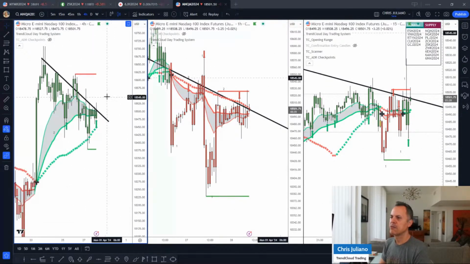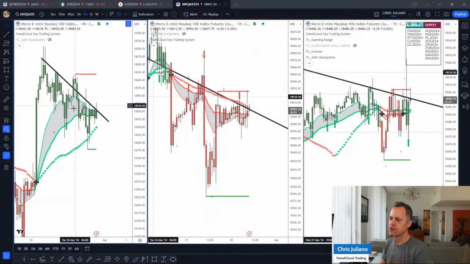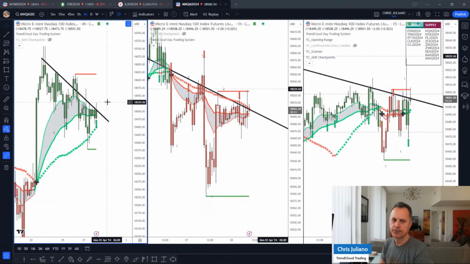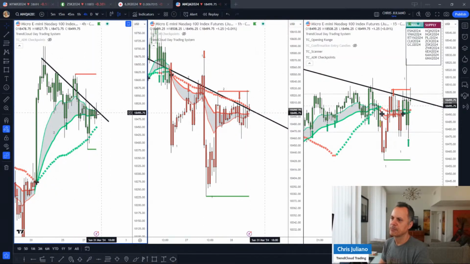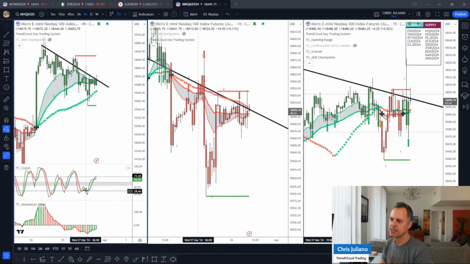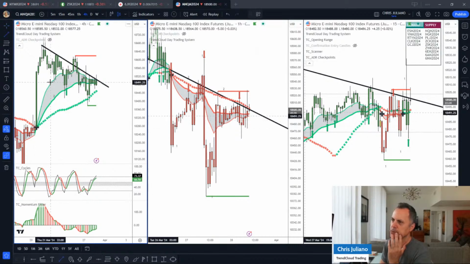All right, so let's read this chart. 4-hour chart, right? The trend is still up. We're hitting that resistance level. Cycling up, momentum is up, but yet we keep making lower highs.